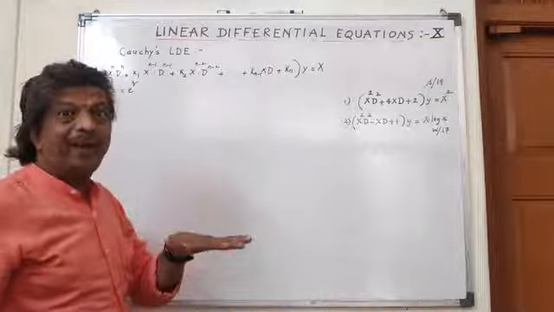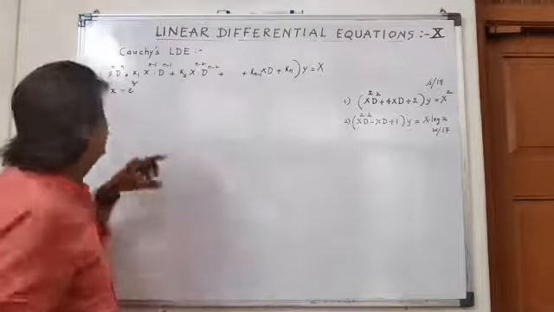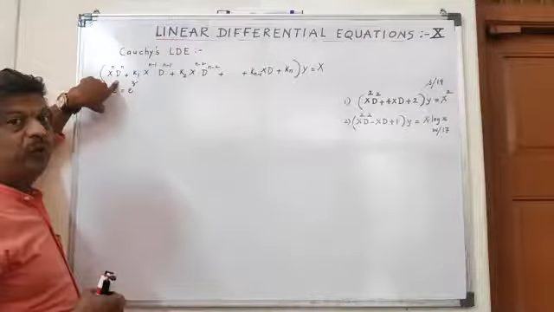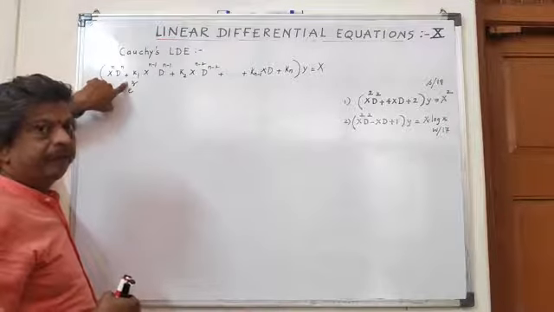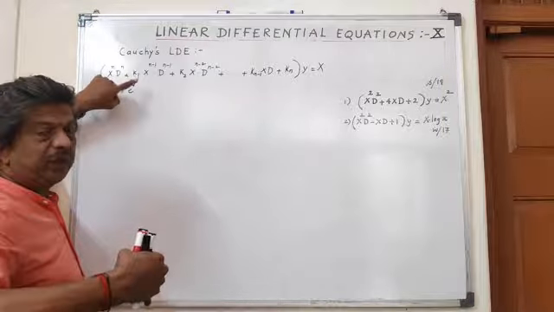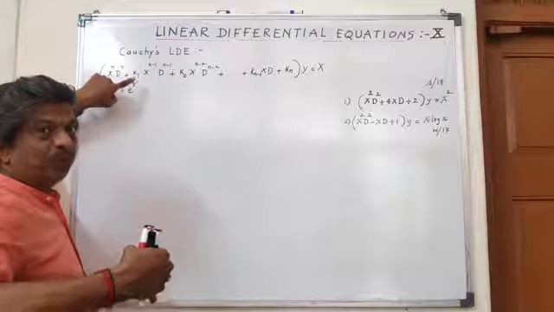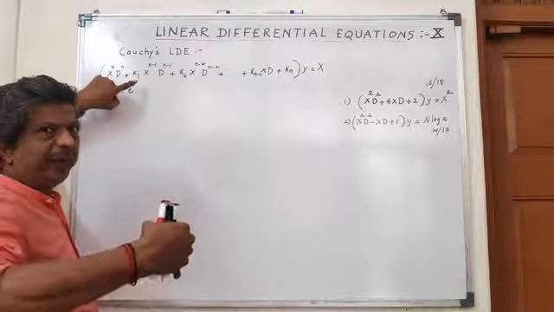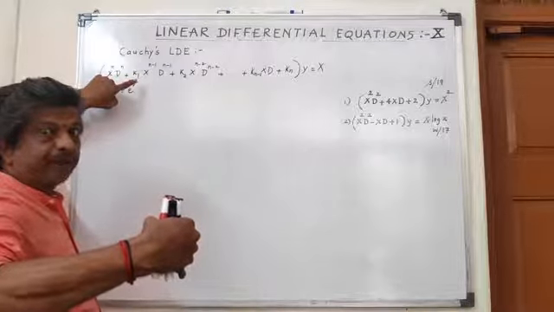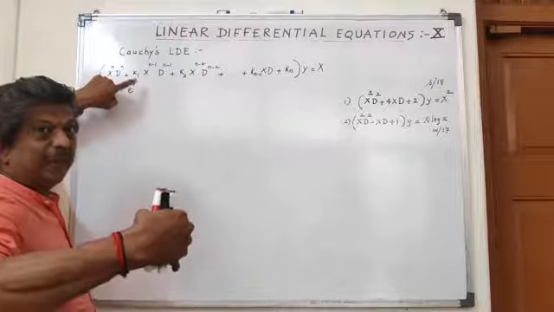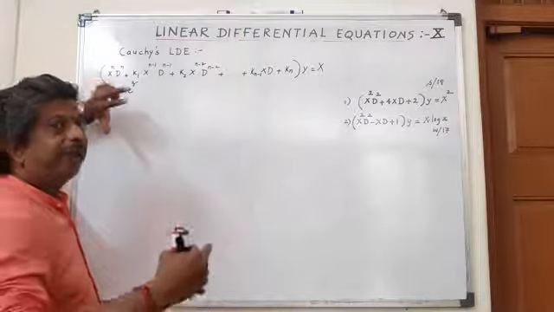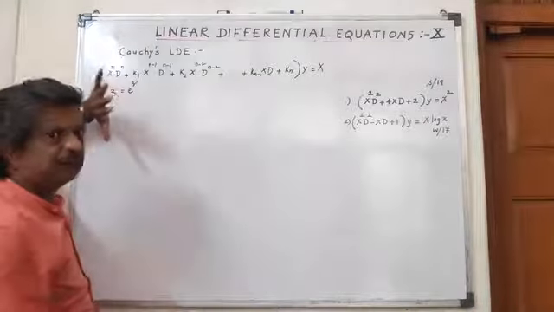The differential equation of the type: (x^n D^n + k1 x^(n-1) D^(n-1) + k2 x^(n-2) D^(n-2) + ... + k(n-1) xD + kn) y = some function of x.